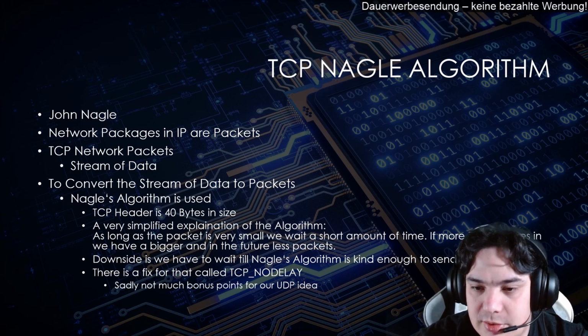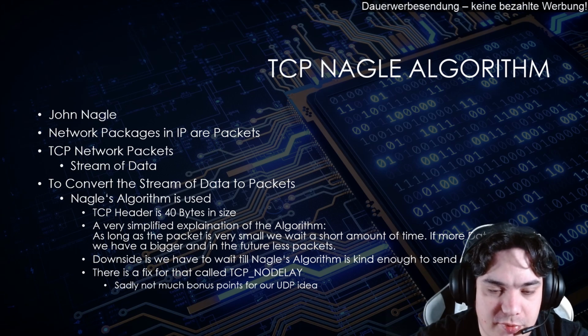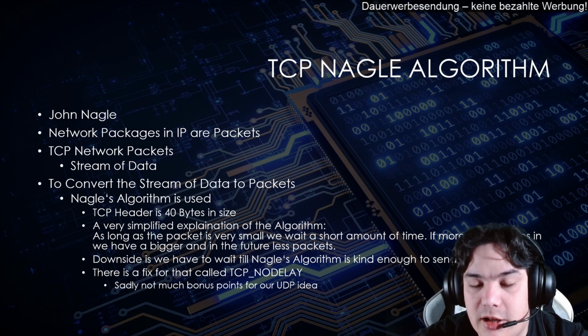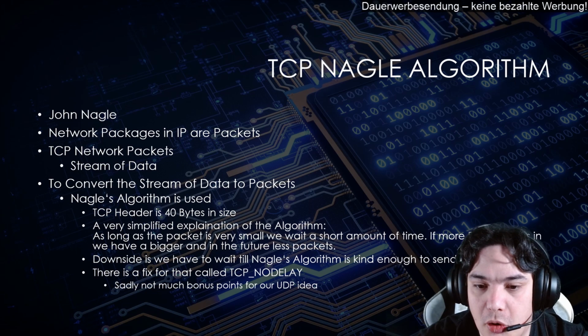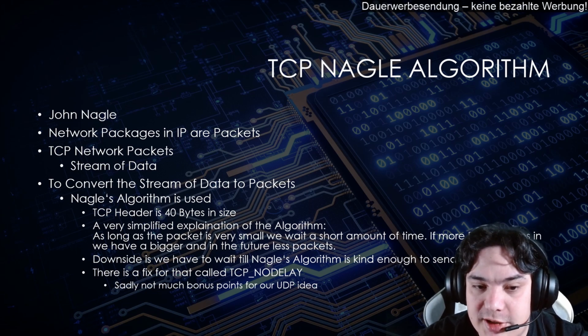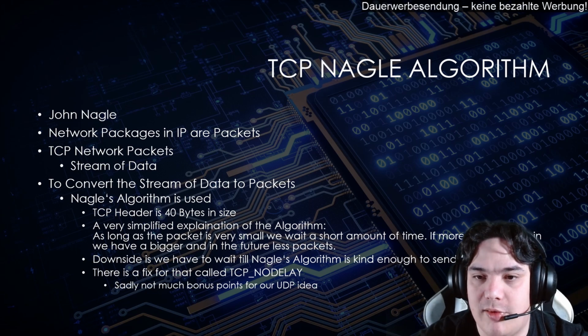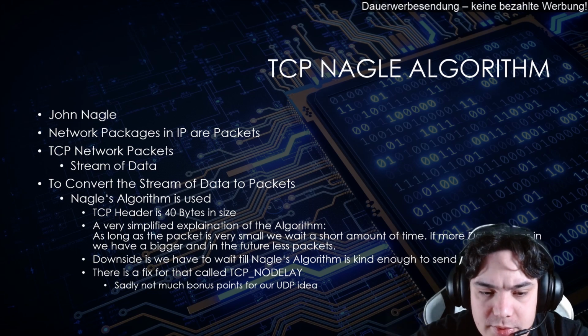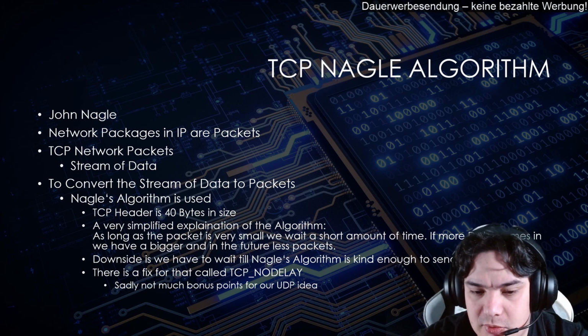And to not waste that much bandwidth, the Nagle algorithm just waits to see if more data is coming, and if it is, it will combine that data and send it in one bigger package to not waste so much bandwidth. There's actually a workaround for that.